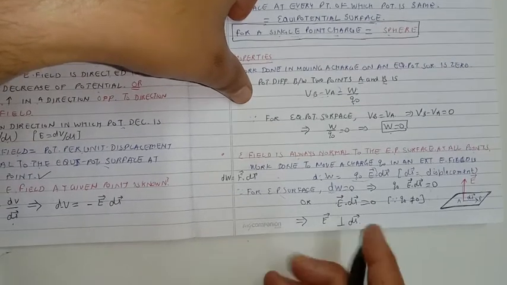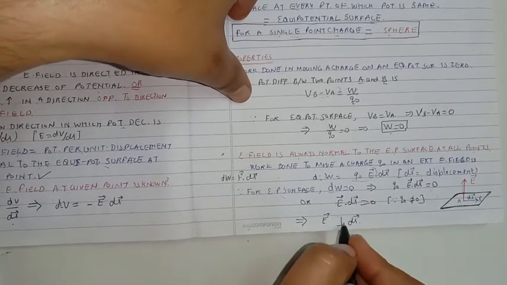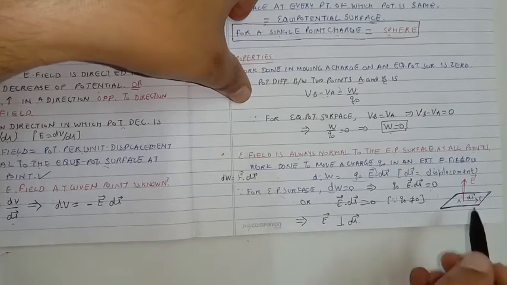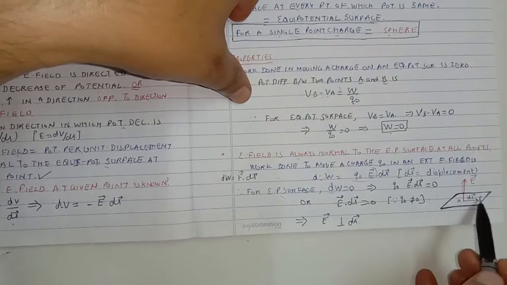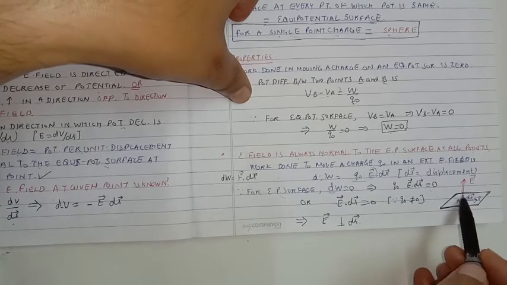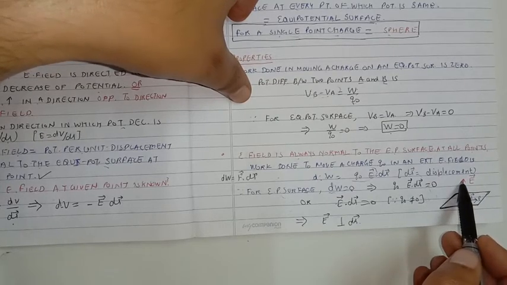This means that electric field is perpendicular to the direction of the displacement of the charge. So for an equipotential surface, the displacement will be along the surface, and the electric field will be directed normal to the surface.